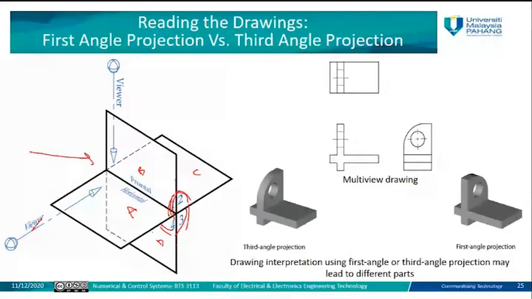But if you look from the other side here, you call it the third angle projection, because the angle of seeing or watching the product or the part is different from the first one. As you can see here, this is actually the same product, not two products. It's the same product, but you look at it from a different perspective or a different angle of view.